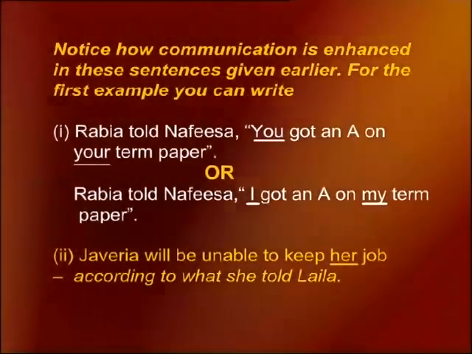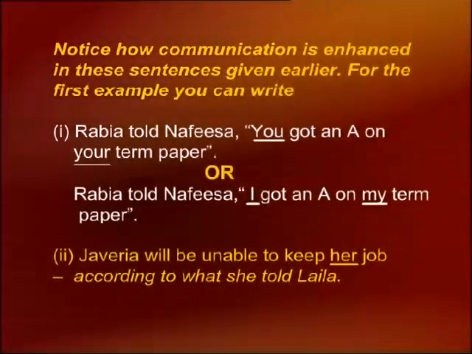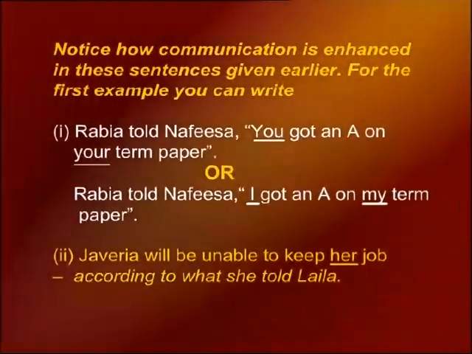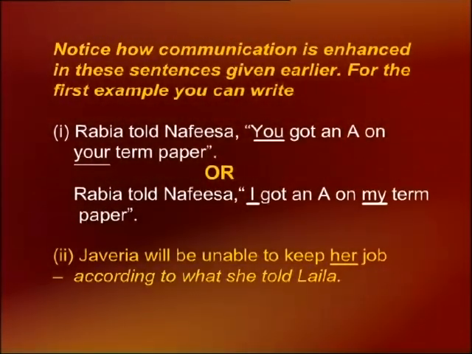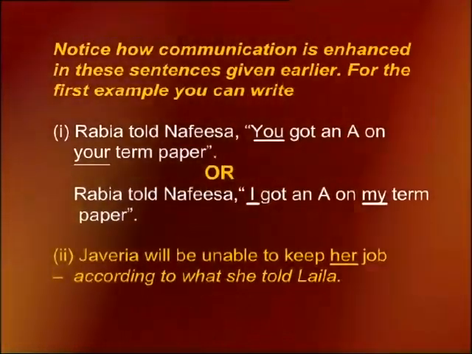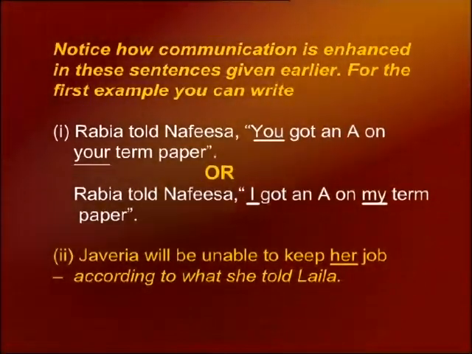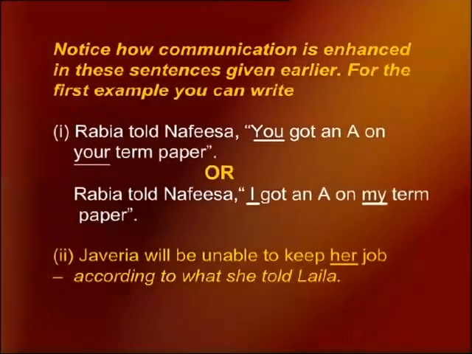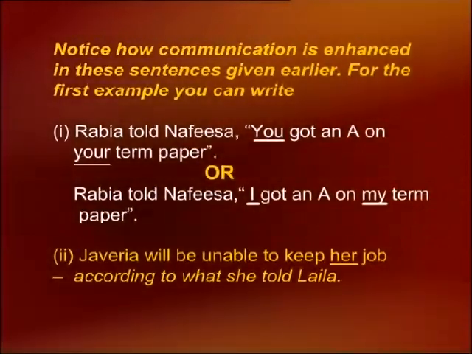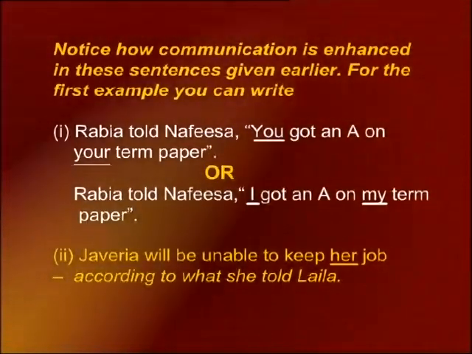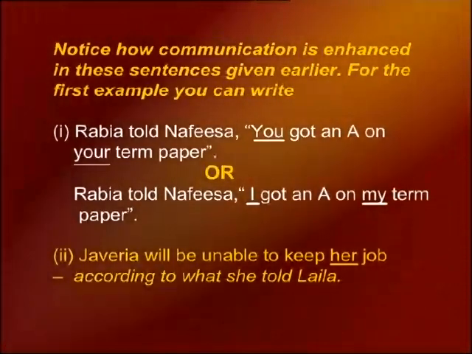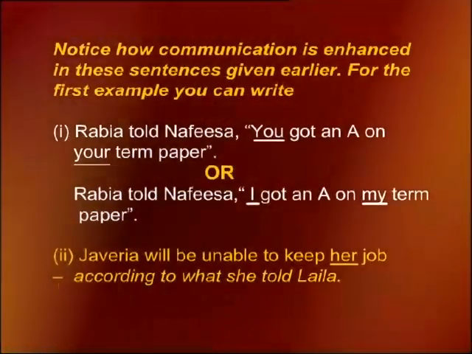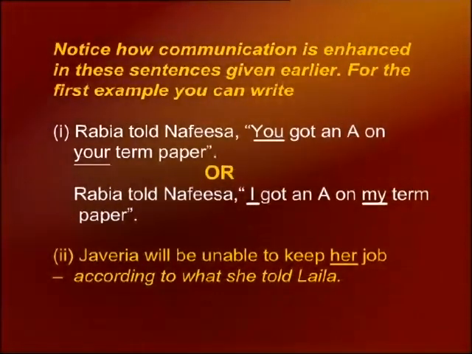Now in both these corrections, you noticed that it was the wrong use of the pronoun that created the ambiguity, the confusion. Look at number 2, the second sentence about Javaria not being able to keep her job. Javaria will be unable to keep her job according to what she told Leila.